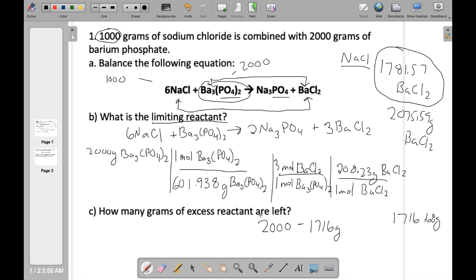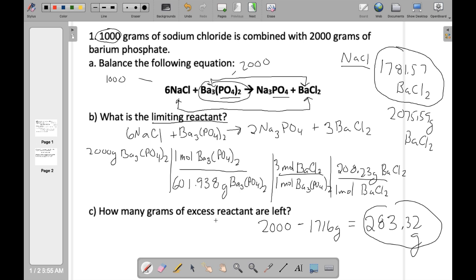So if I take 2,000 grams, subtract 1,716, of course there's a little bit of extra in there, I'm going to get around 283 grams point. There were some decimals in there, but that's how much I have left over.